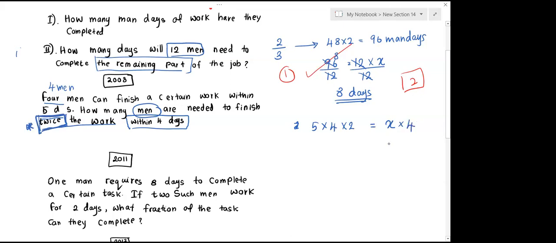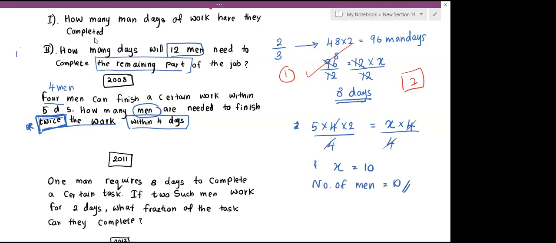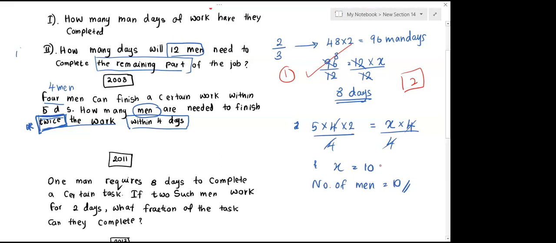Divide both sides by 4. Then 4 and 4 cancel. Then the number of men required is equal to 10. Have you got this answer? Yes, teacher. Here for the calculation 1 mark, and for the answer 1 mark, 2 marks given.